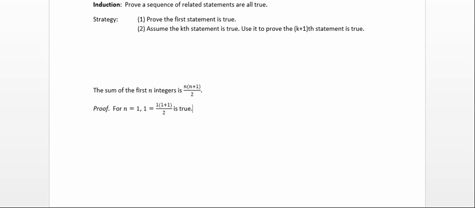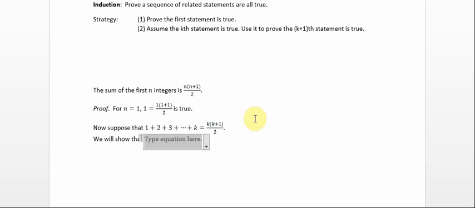All right, but now suppose that the sum of the first k integers, 1 plus 2 plus 3 plus and so on up to k, does equal this formula with a k plugged in. Now usually we don't write what we're going to show, we just go ahead and do it, but I want to be clear here.